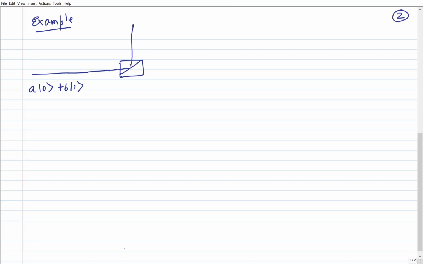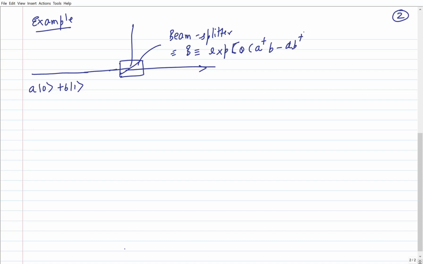This thing scatters into the environment, this passes off, and this is a beam splitter with the interaction Hamiltonian given by the unitary matrix, this guy. This is the unitary matrix of the beam splitter.